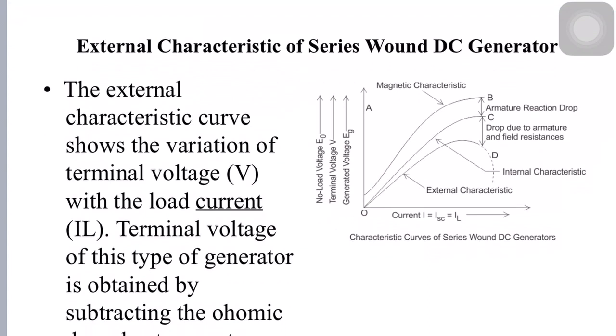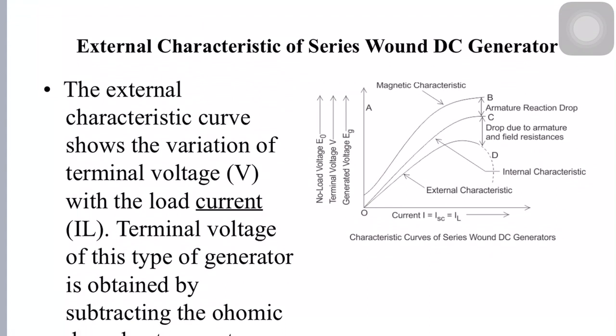If we observe the external characteristics, after reaching its maximum value it starts to decrease due to the excessive demagnetizing effect of armature reaction. We can observe a dotted line here. The dotted portion of the characteristics gives approximately constant current irrespective of the external load resistance.